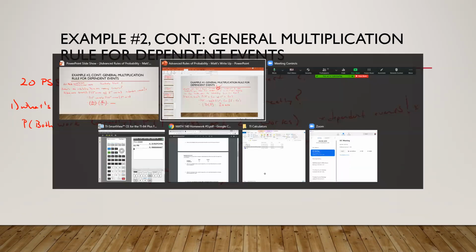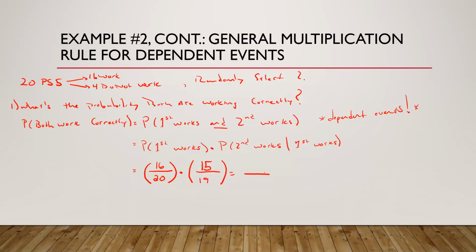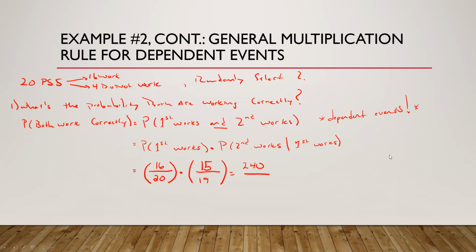So this would be 16 times 15, which would be 240. I believe 20 times 19 is 380. So it's 240 out of 380, the probability that both would work.